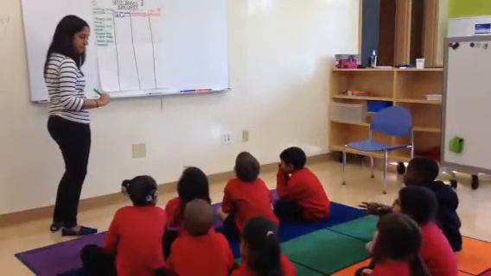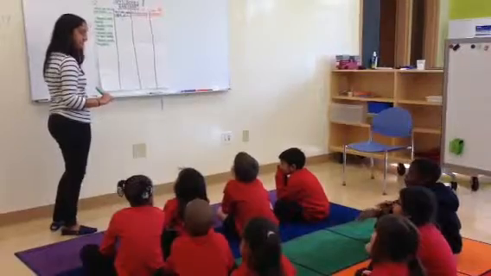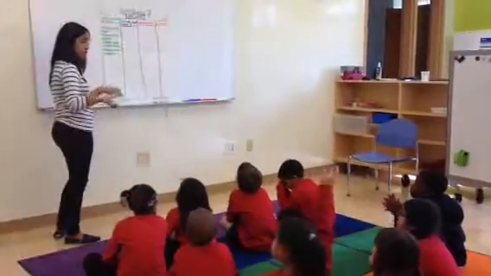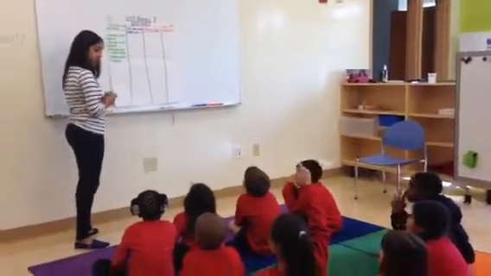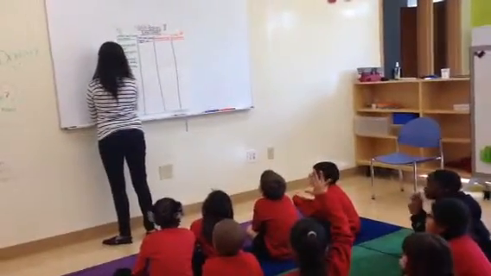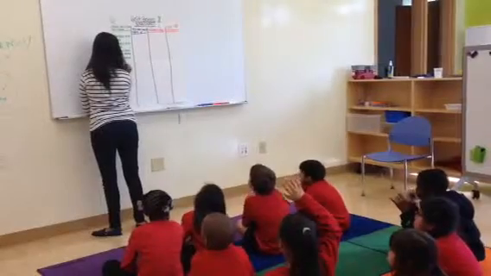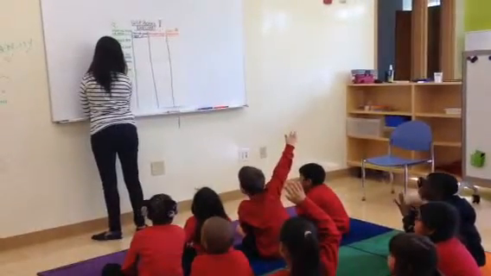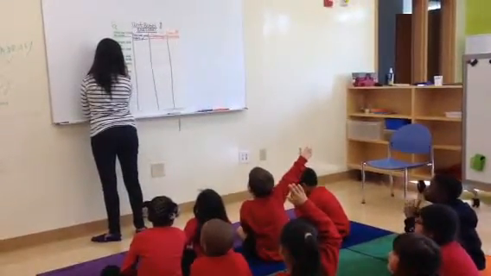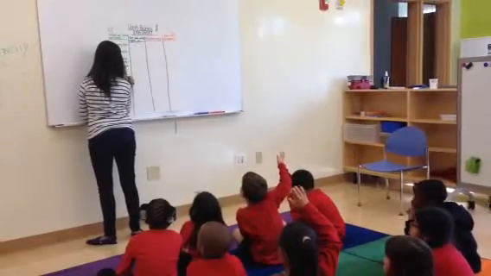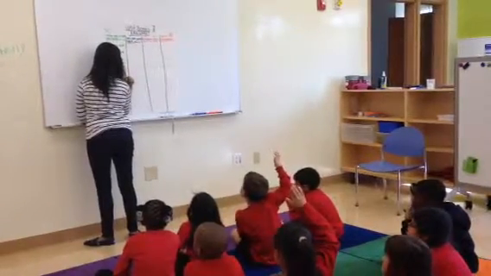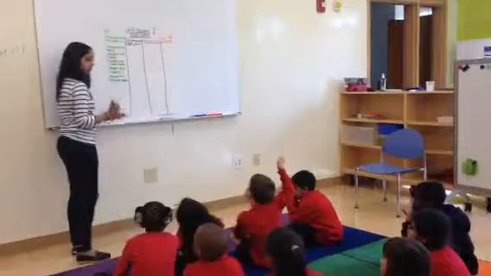Bones are weird shaped. Okay, they are different shapes. Good. James?